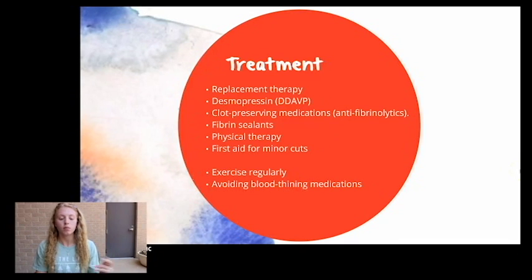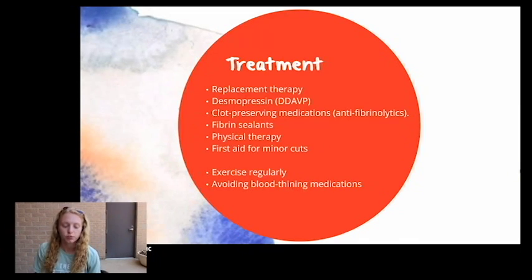The next treatment is desmopressin, or DDAVP for short, and this is for mild hemophilia. This is a hormone that releases more of the clotting factor that you need for your blood to clot and to bring down the effects of hemophilia.